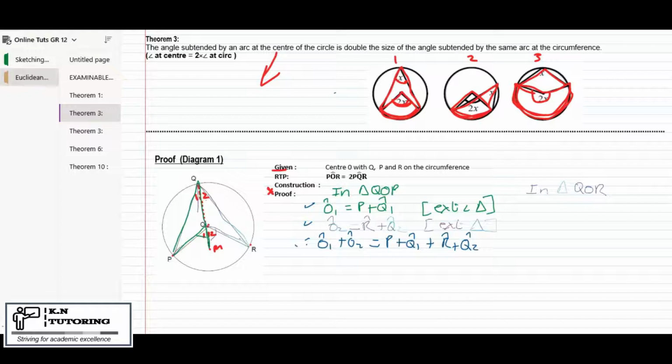Okay, nothing too fancy there. So what did we do? We added this, which is on the left hand side, and this, which is on the right hand side.